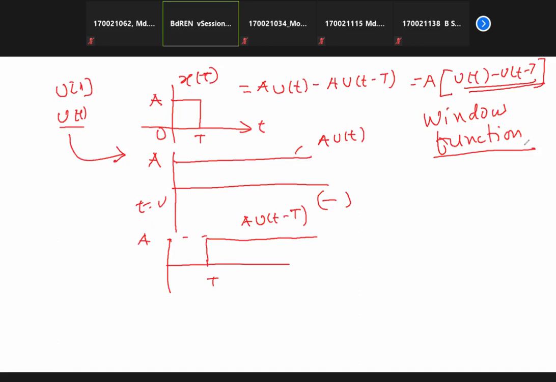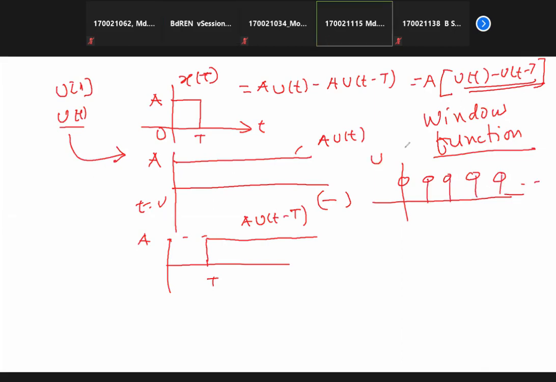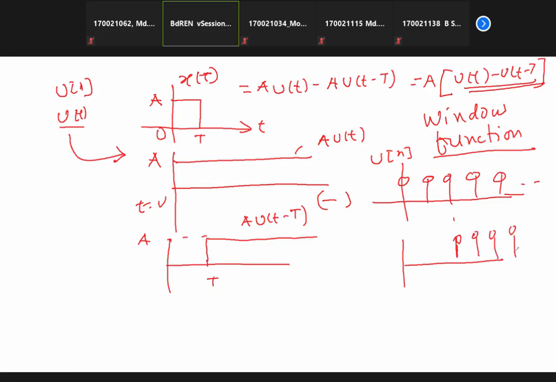Now this is for your continuous time case. If we have a discrete time case and want to prepare a discrete time pulse of finite duration, can we do that in the same way? This is u[n]. Yes, sir. Then if we shift u[n] by a number of samples, say where n equal to 2, we are shifting 2 samples.